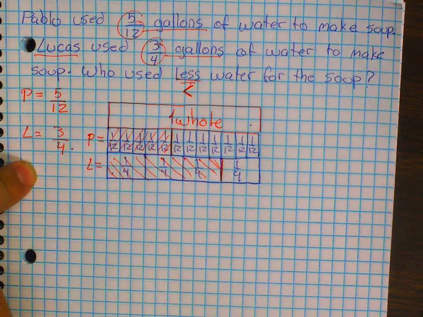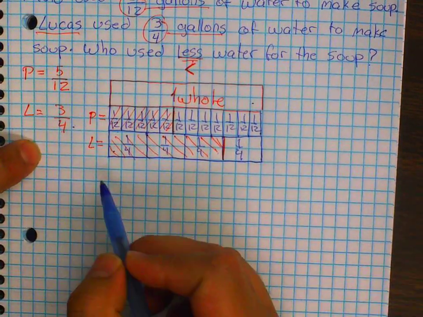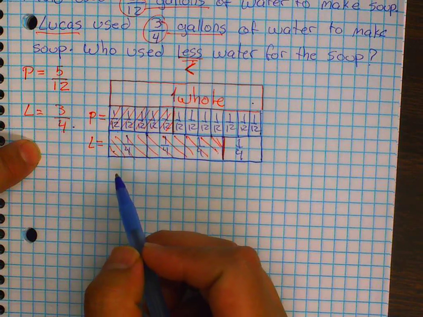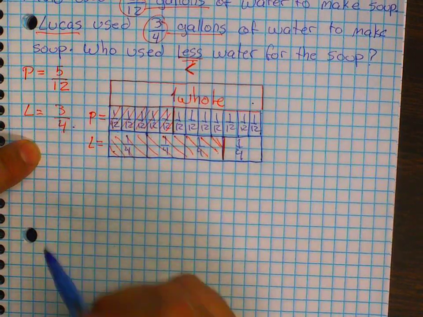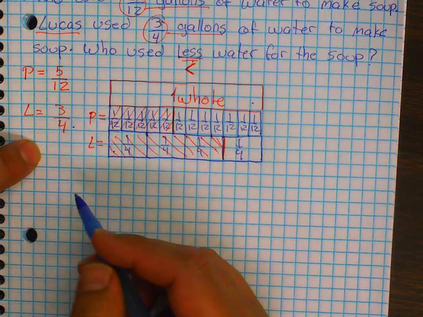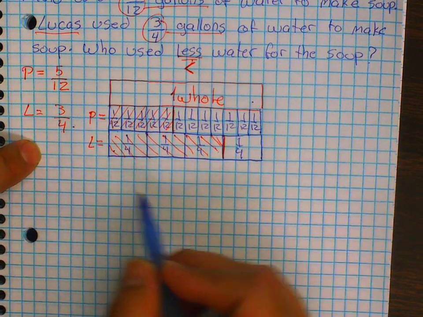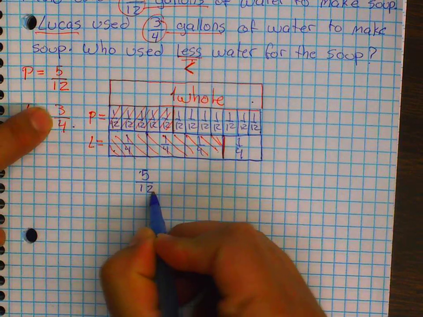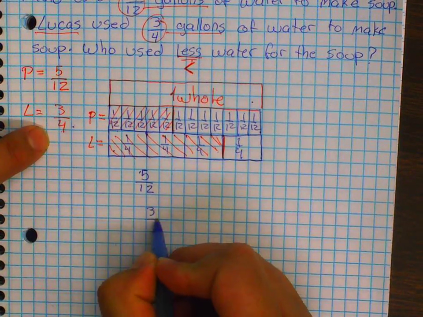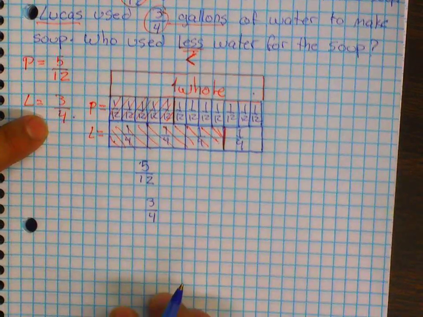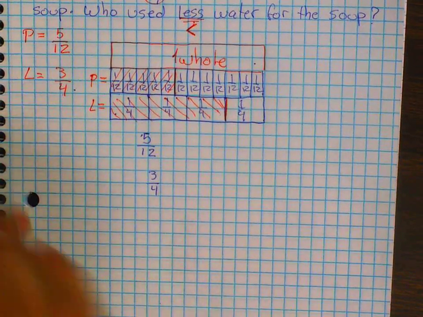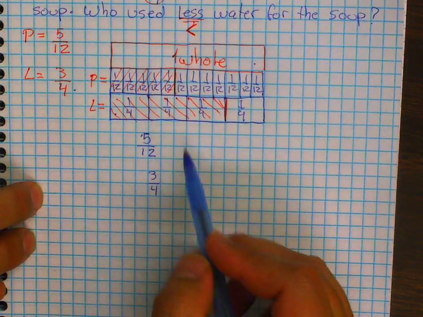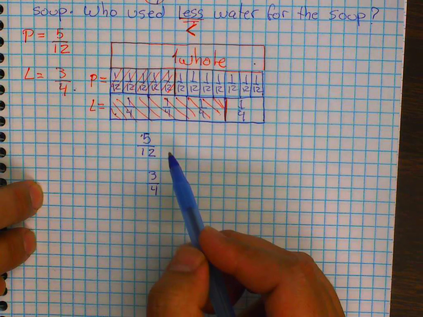That's with the model. How do I represent this in math sentences or in a number sentence? What I'm going to do is this: 5/12, and I'm going to have 3/4. Now, when it's time to compare, before I can compare fractions, my denominators have to be the same.